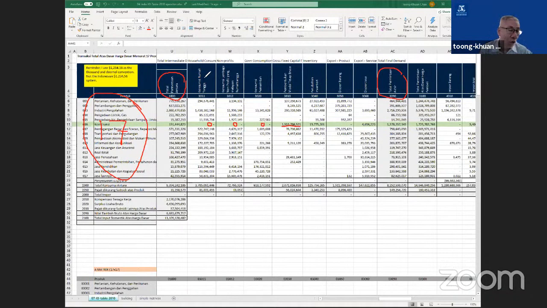So that is household consumption, konsumsi rumah tangga. That is konsumsi lembaga non-profit, so non-profit organizations, konsumsi pemerintah, and this is the most important one that I want you to understand. Pembentukan modal tetap bruto. So this in English is called gross fixed capital formation.